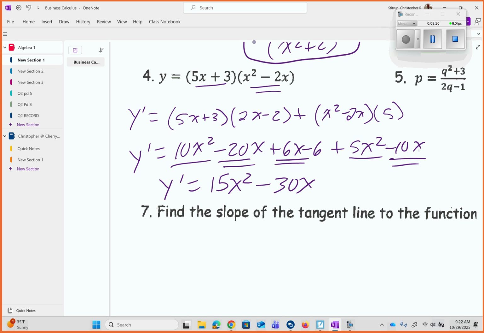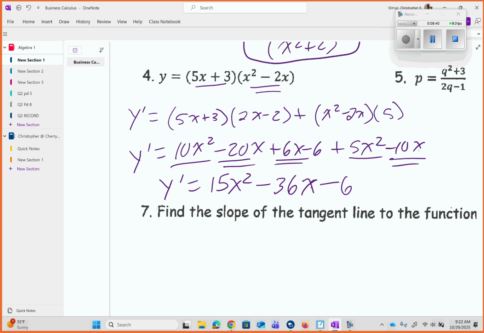X. Oops, I forgot that one now. That's going to give me minus 36x, and then minus 6. So it cleans up a little bit nicer, though it might take a little bit more work to do, but you can still do it.